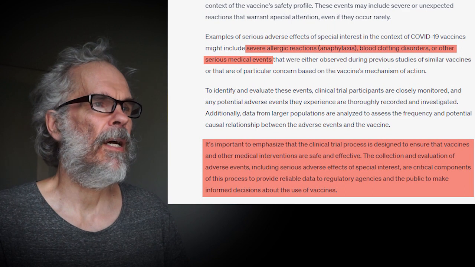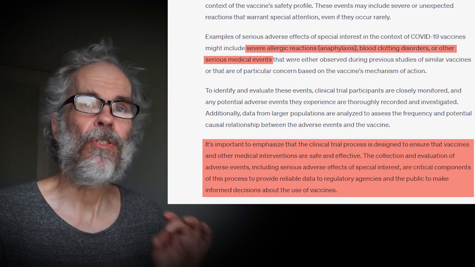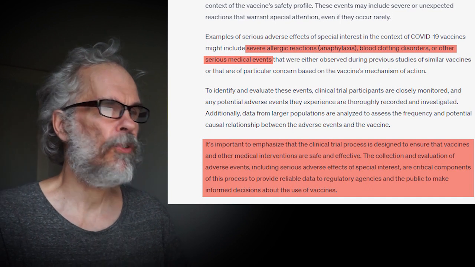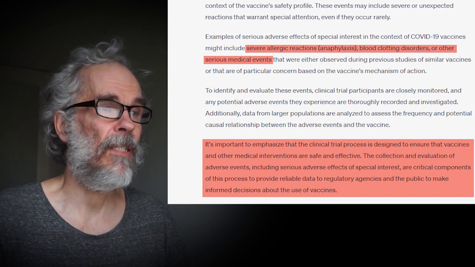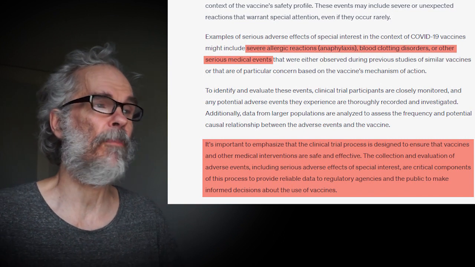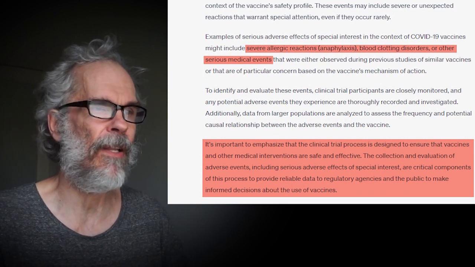And an important bit of this response is: here it is important to emphasize that the clinical trial process is designed to ensure that vaccines and other medical interventions are safe and effective.